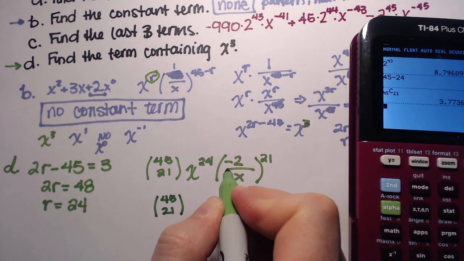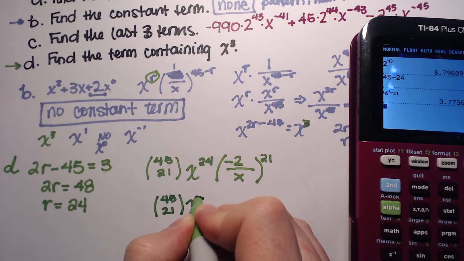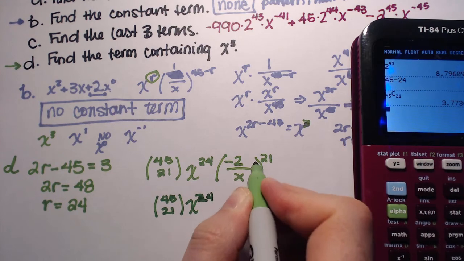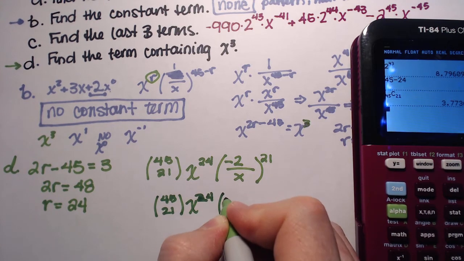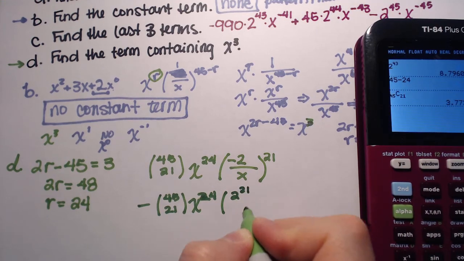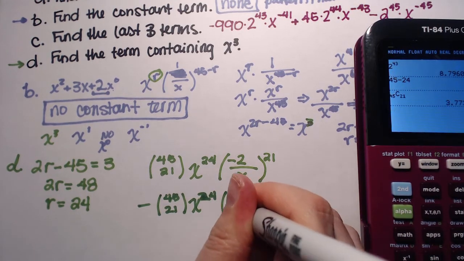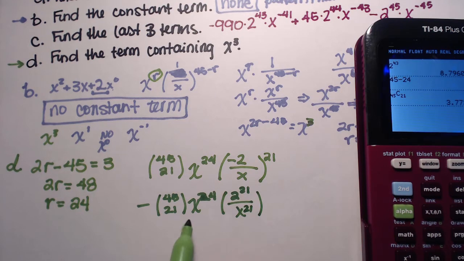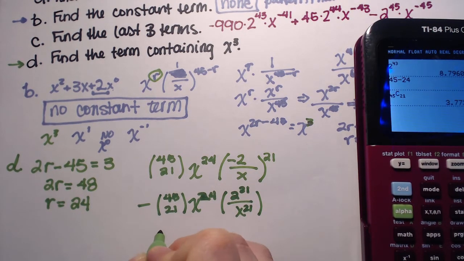Of that. And then I'm going to take 24 and then negative 2 to the 21st. It's going to be a negative 2 to the 21st over x to the 21st. X to the 24th divided by x to the 21st is going to be x cubed.